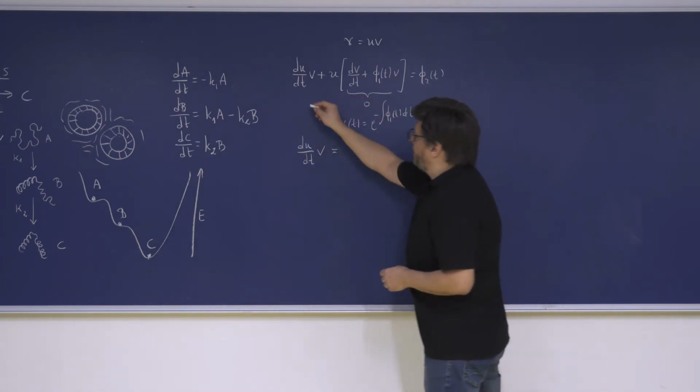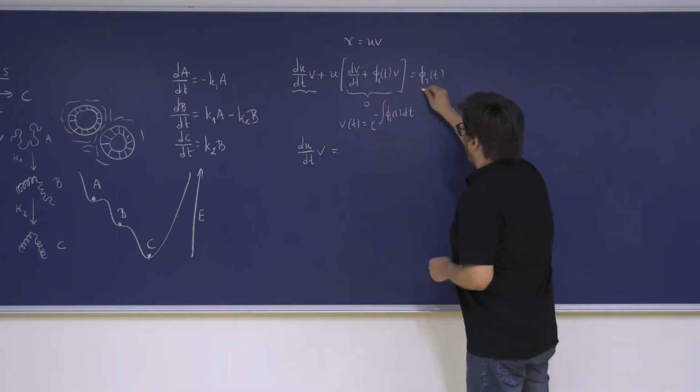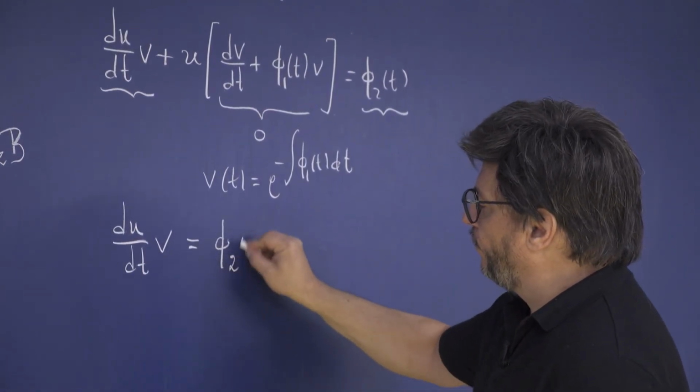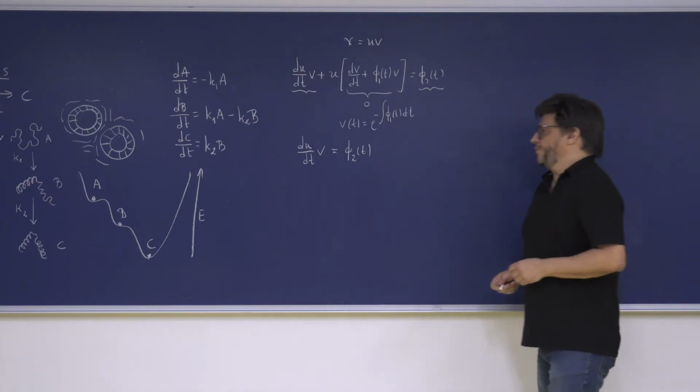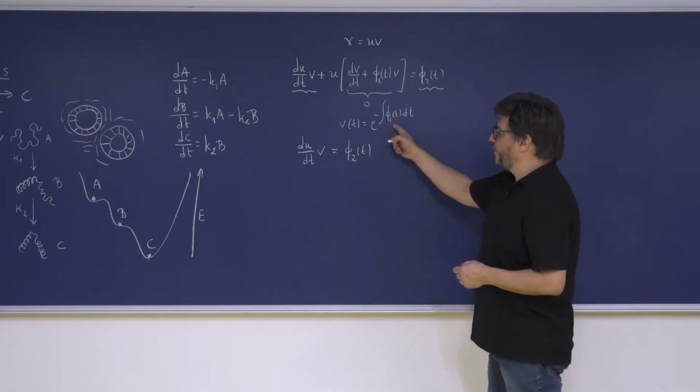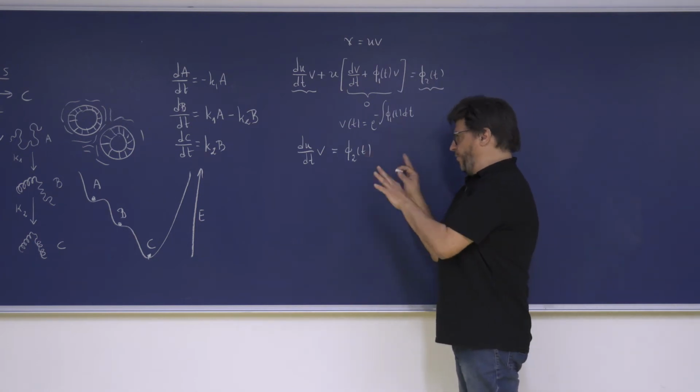made by this term here plus this term here. Okay? So now I know who is v, this function here. And I can again separate.